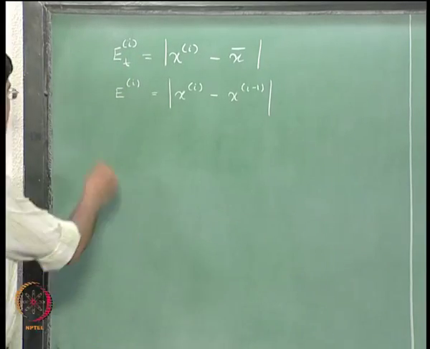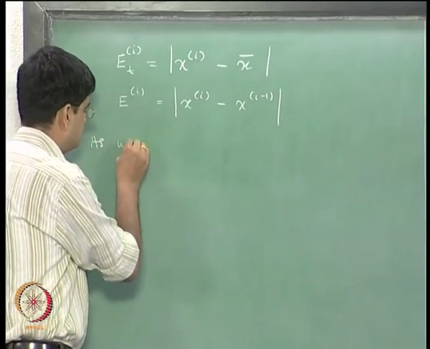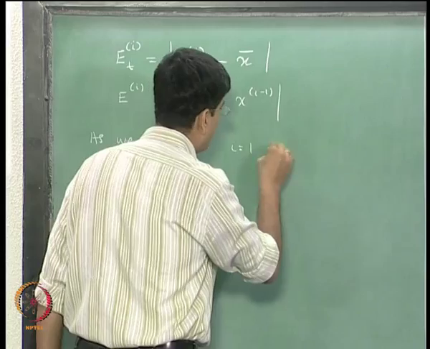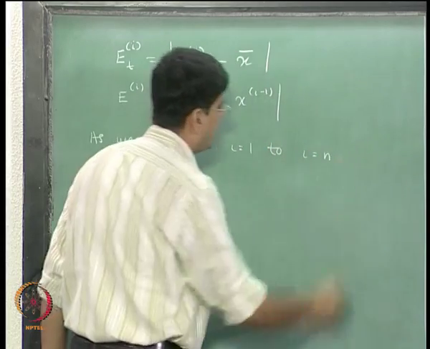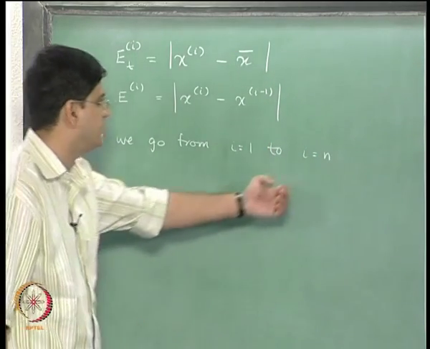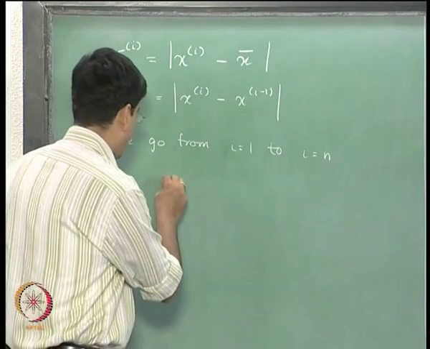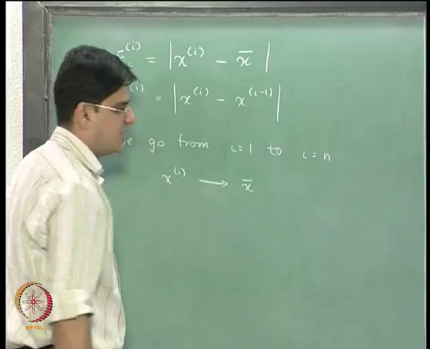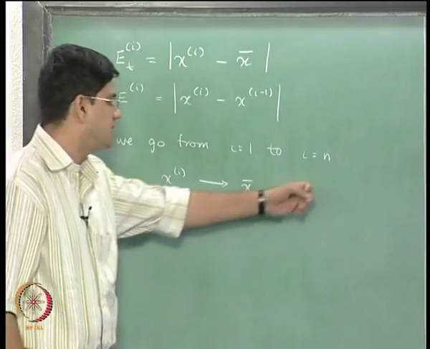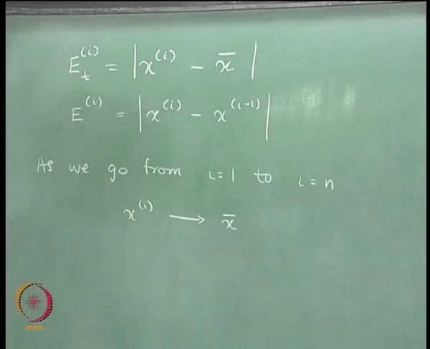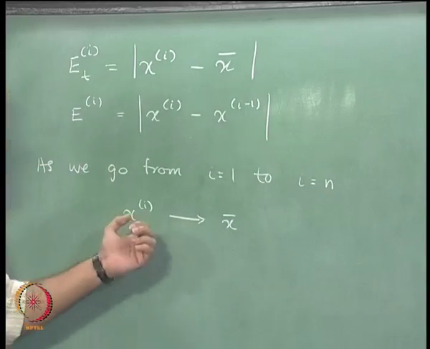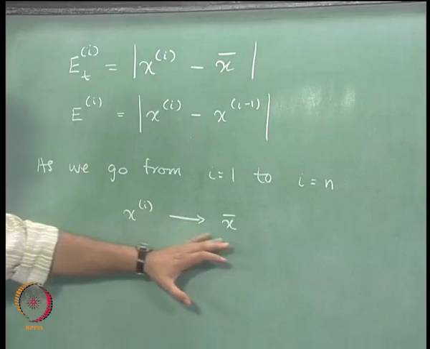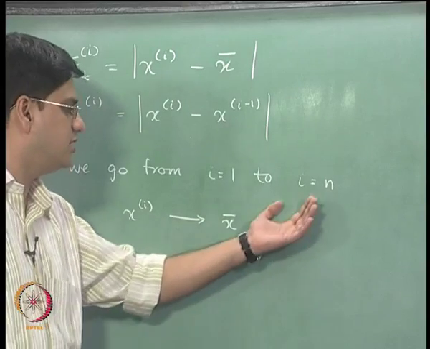As we go from i equal to 1 to i equal to n, where n is a big enough number, we want our xi to start converging towards x bar. In the limit that n is equal to infinity, we really want our xi to represent our x bar. That is our aim in a numerical technique.